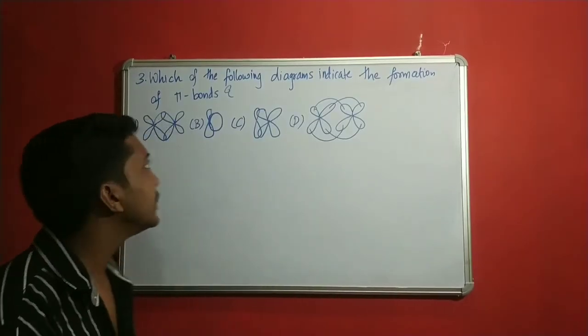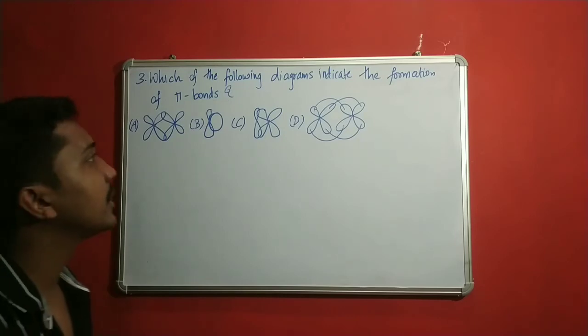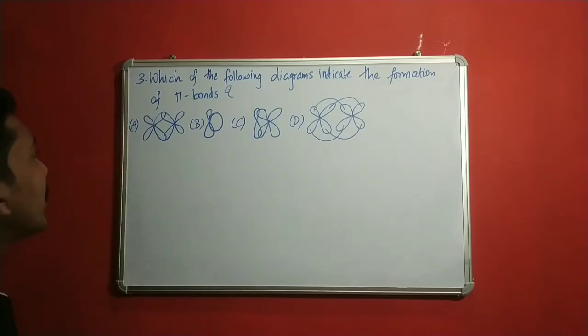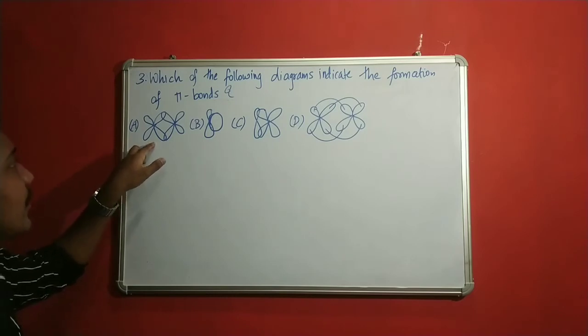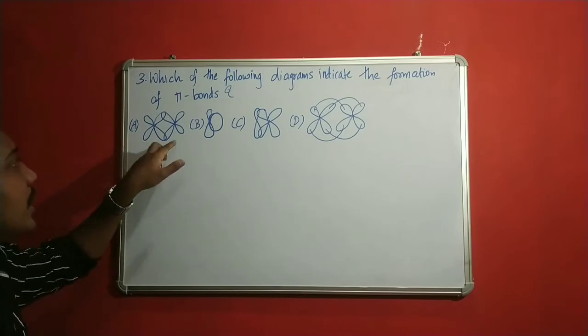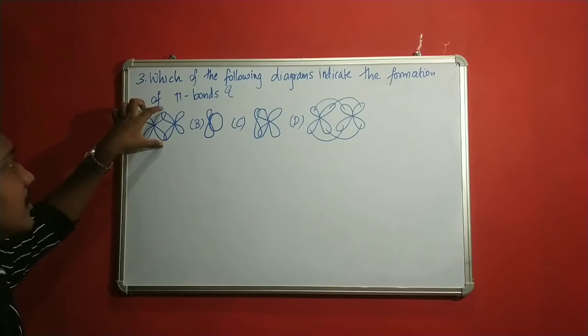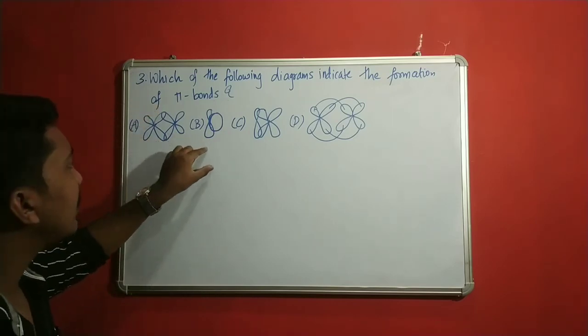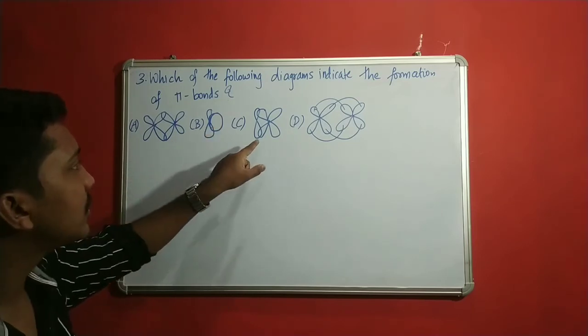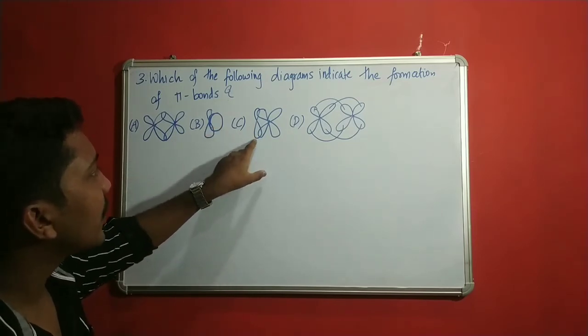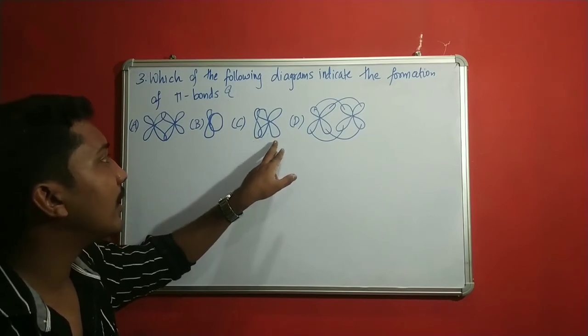Hi, our question is, which of the following diagrams indicate the formation of pi bonds? Option A, in this case, we have two d orbitals overlapping sideways. Option B, one p orbital and one s orbital. Option C, an overlapping of one p orbital and d orbital.